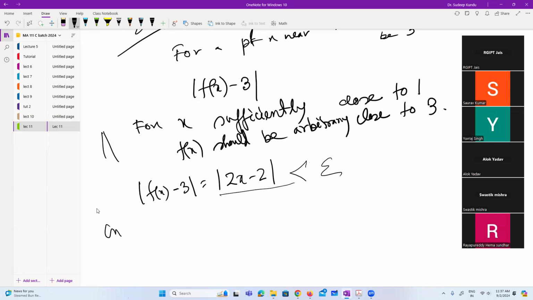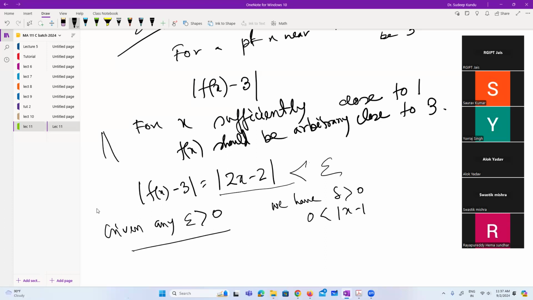So we have to show that given any epsilon positive, we have to find a delta positive such that when 0 is less than mod x minus 1 less than delta, we have mod f of x minus 3 less than epsilon. Is it clear?